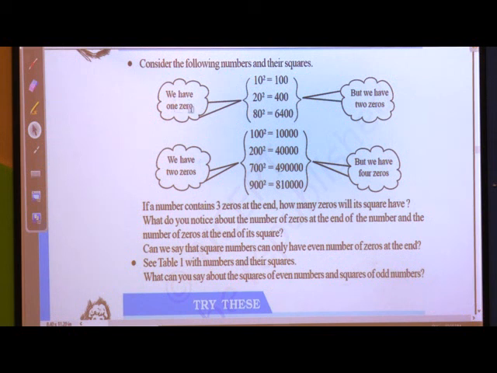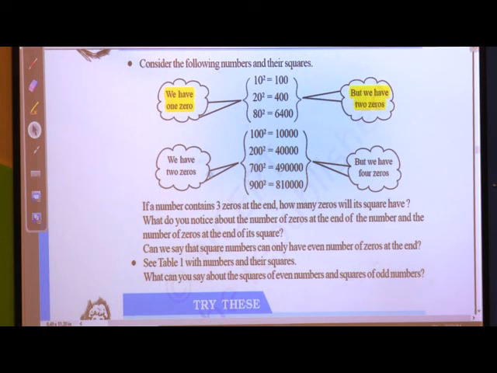We have 1 zero in 10, 20, 80, and in the square we have 2 zeros. The same has been explained here. What are they explaining? We have 1 zero in the number and 2 zeros in their squares.